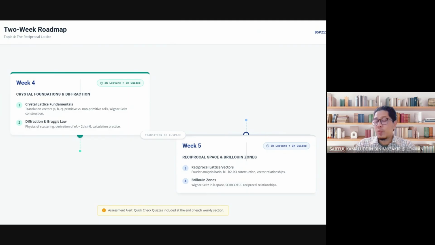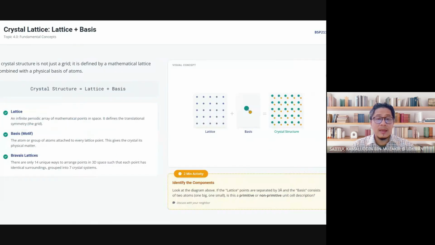Reciprocal space is a space where the diffracted X-rays converge and predict how the atoms look in the real space. And therefore, from the reciprocal space, we will learn how to construct the Brillouin zone, so that the Brillouin zone will give almost the right picture of the real space of atoms. That is the concept. Okay.